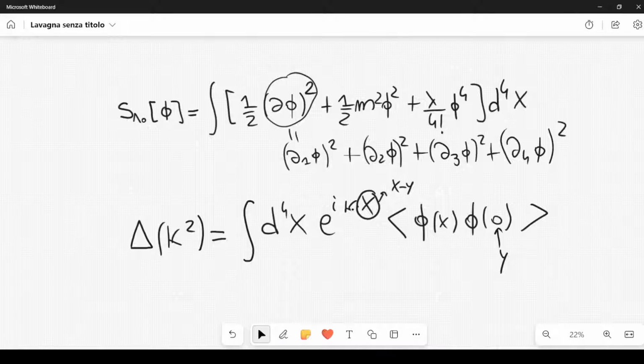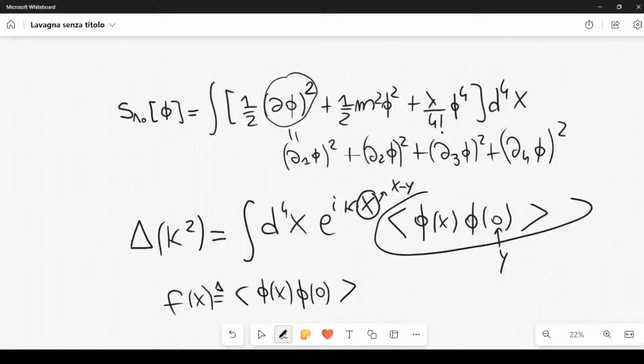Now, classically, the function, let me denote it by f of x, defined as the average of phi of x, phi of 0, so in particular it's this quantity here, so it is the inverse Fourier transform of the propagator. So basically it is the propagator in the space domain.